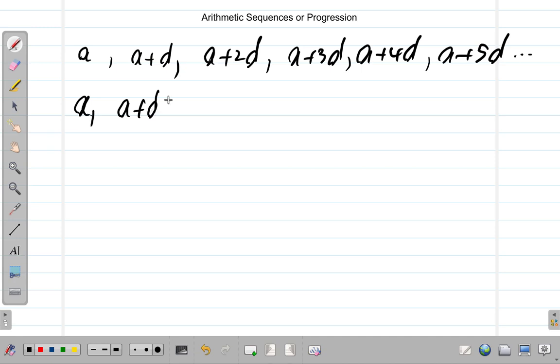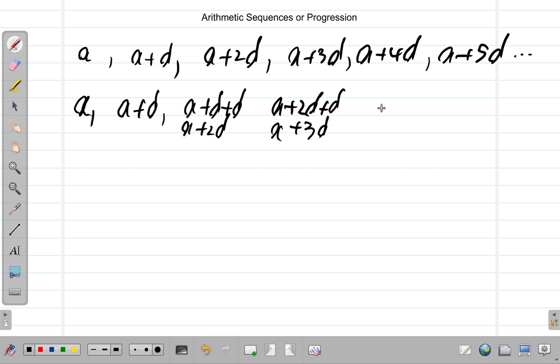Then after that, the other number would be the second one, a plus d, plus that common difference, that constant term. a plus d plus d gives you a plus 2d. Then the next term is a plus 2d, which is what you had before, plus d. Let me rewrite that: a plus 2d plus d, which is a plus 3d.